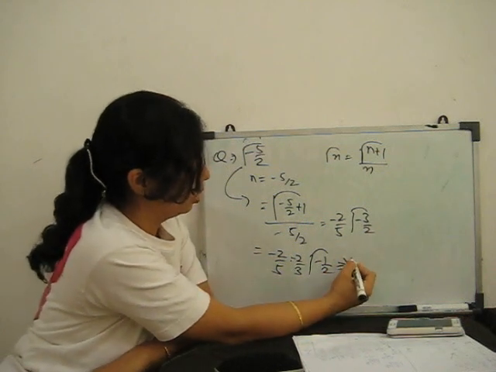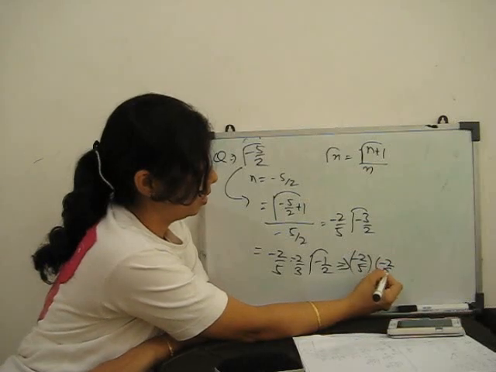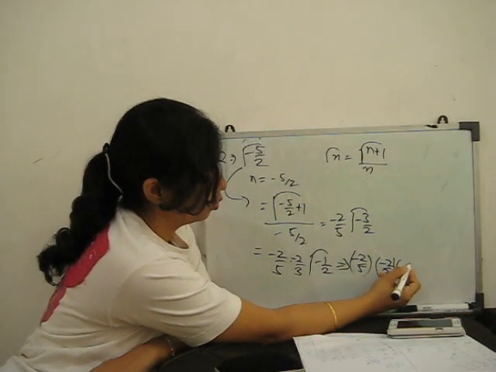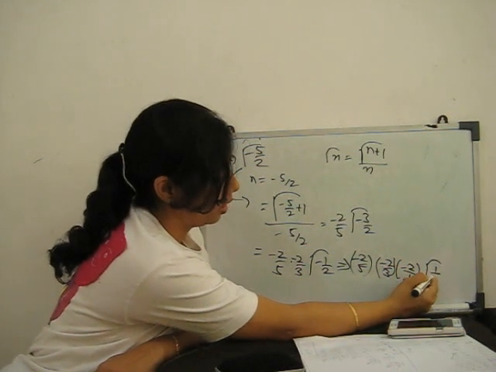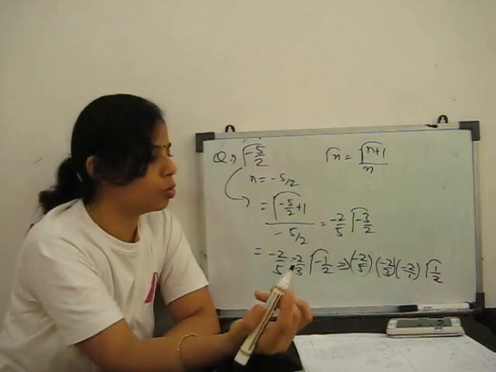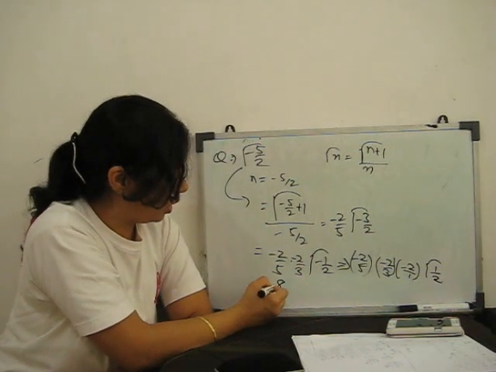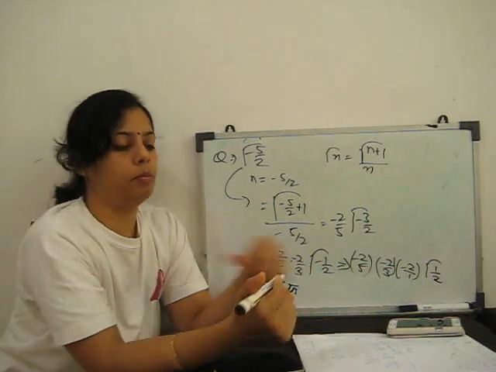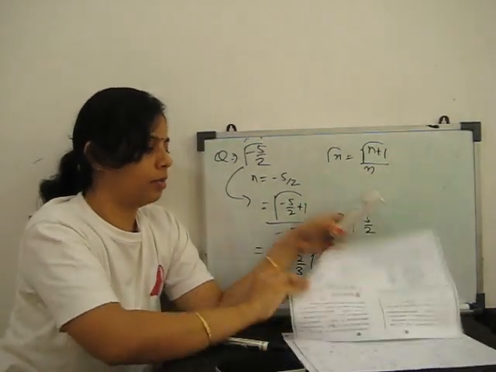Again it gives minus 2/5, minus 2/3, minus 2/1 and gamma of 1/2. Gamma 1/2 is root pi. So our answer becomes minus 8/15 root of pi. A very simple example of how to solve the gamma function for negative values.